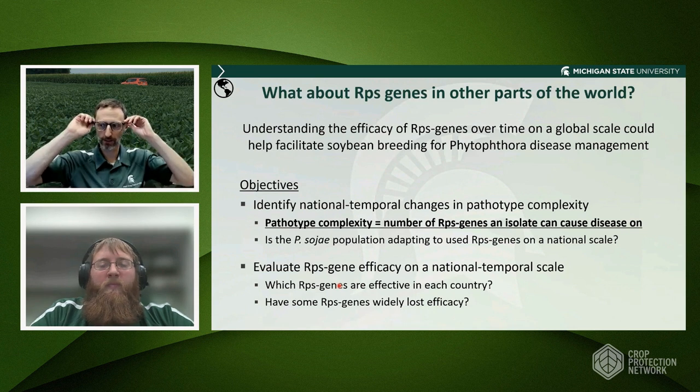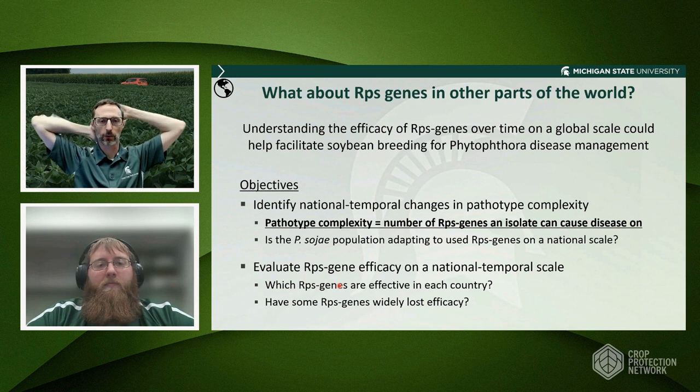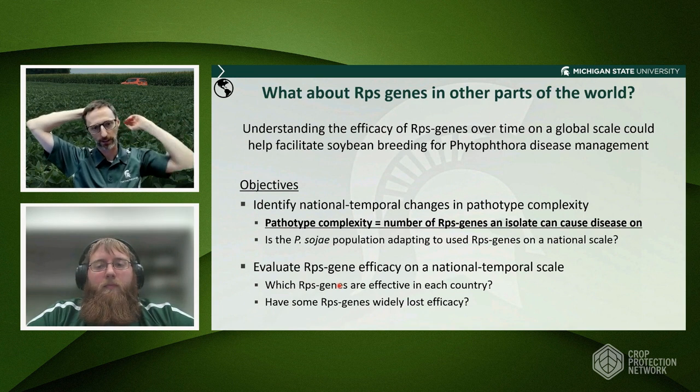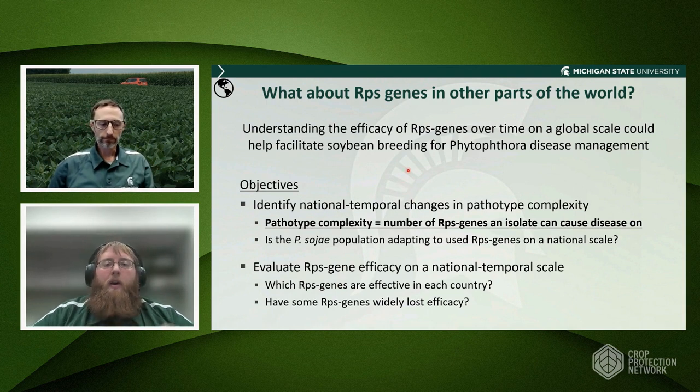Austin, this brings me to the next part, right? What are you currently doing? This is really exciting to me, but can you explain this to people? Yeah, so I've gone through and looked at Michigan's Phytophthora sojae population and described effective and ineffective resistance genes. So I was interested in expanding that to the United States as a whole, as well as a few other countries.